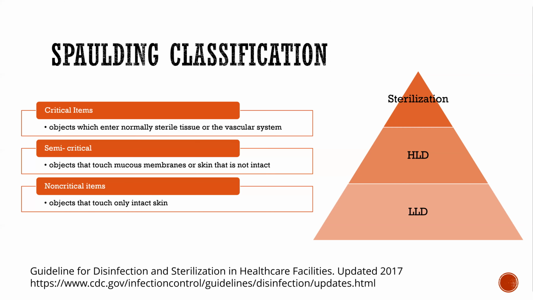So we have our critical items, those objects that are normally entering sterile tissue or the vascular system, so they require sterilization. We have our semi-critical items, which have contact with mucous membranes or skin that's not intact, so we use high-level disinfection. And then we have our non-critical items, those only touching intact skin.